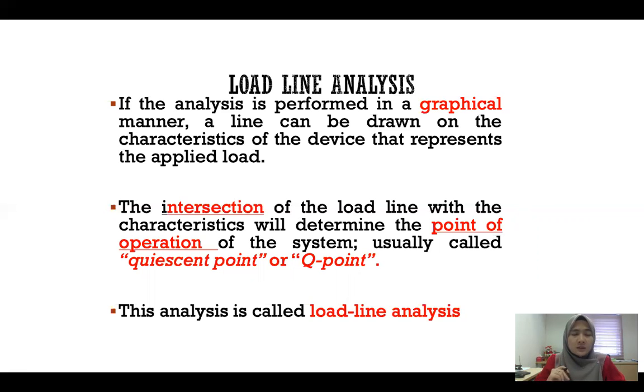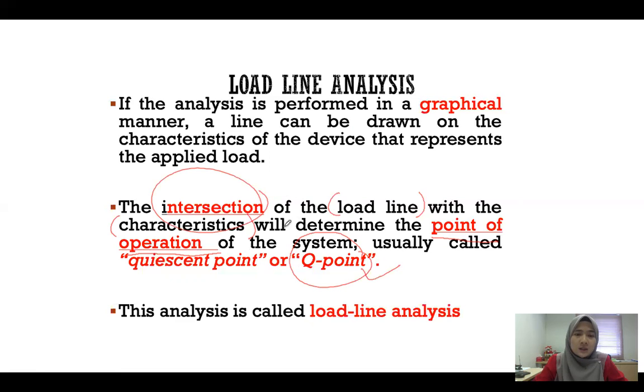Here it states that the intersection of the load line with the characteristics will determine the point of operation of the system, which we usually call the quiescent point or Q point.